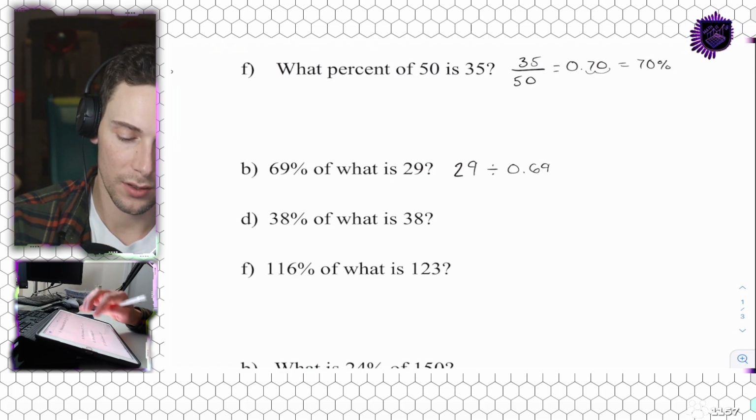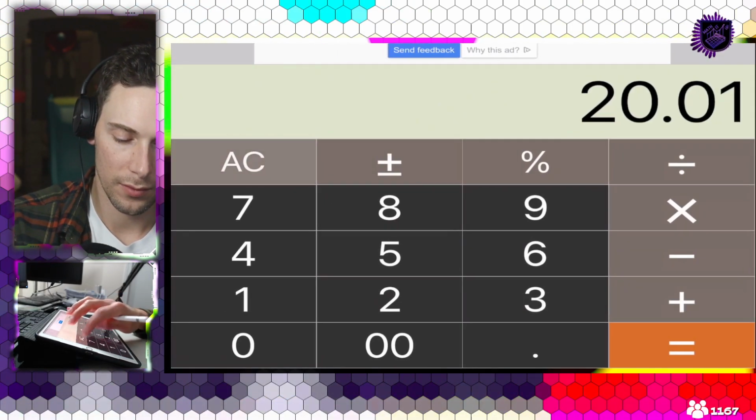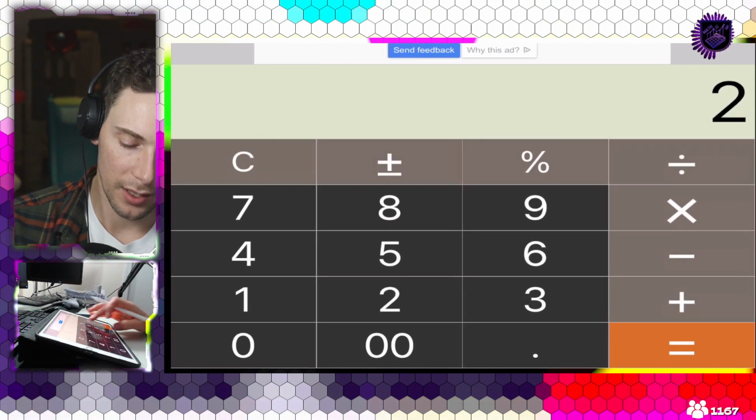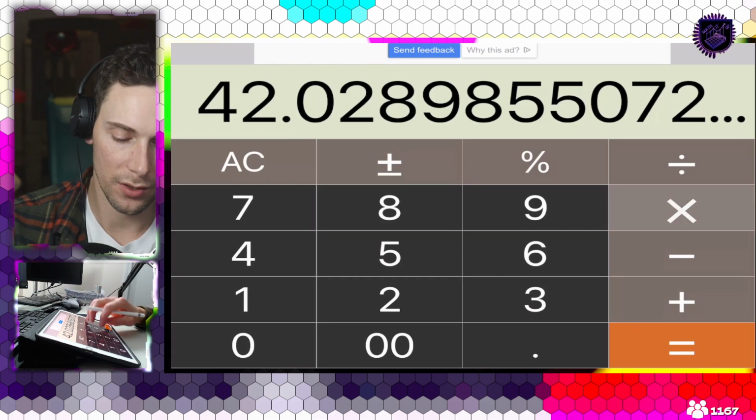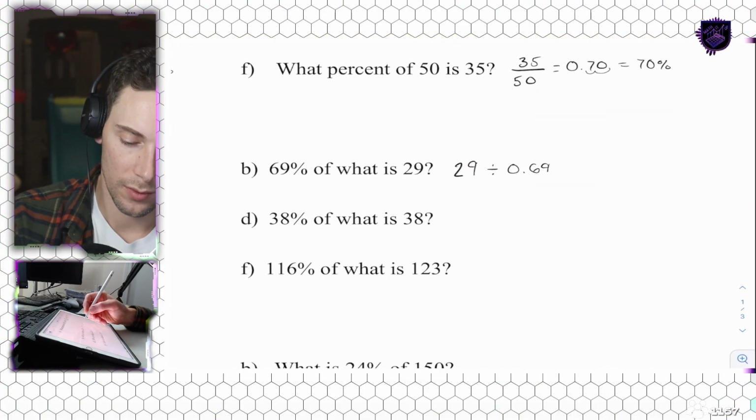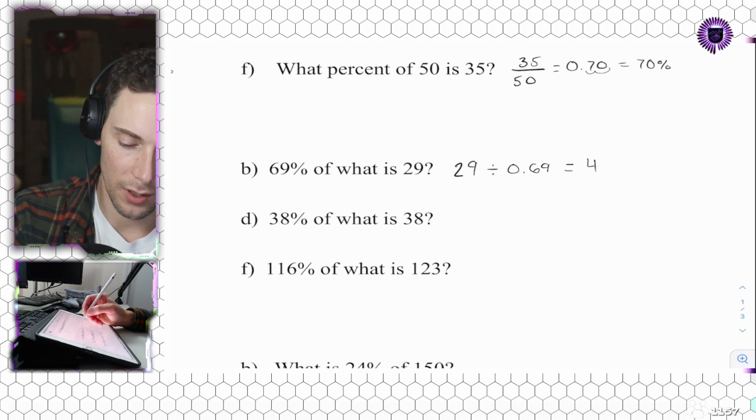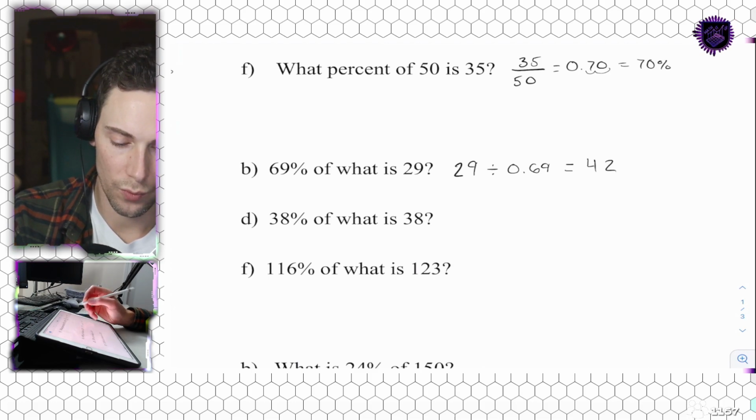That's not what I did. I multiplied. 29 divided by 0.69 equals 42.